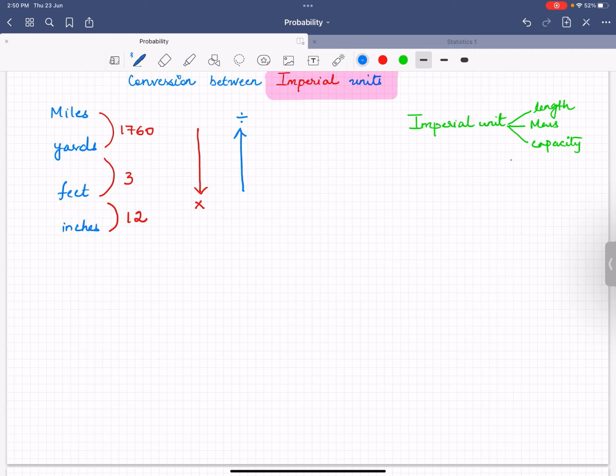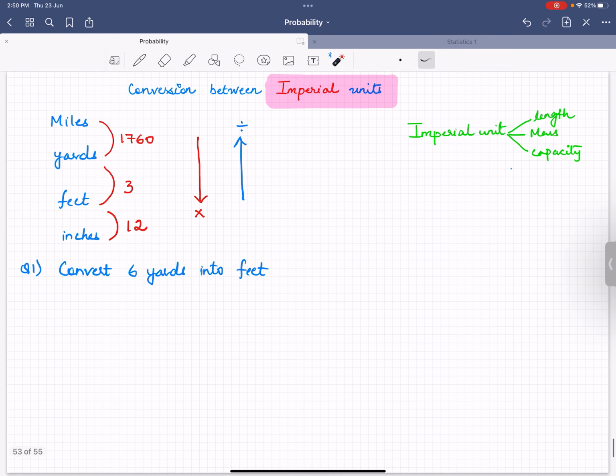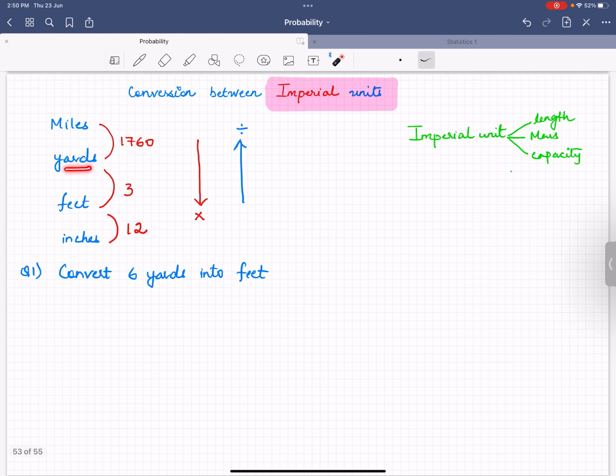Question number 1. Convert 6 yards into feet. So we are going from yards to feet.